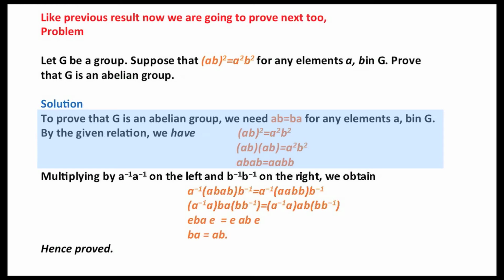a b a b equals a squared b squared, that is, a b a b equals a a b b.